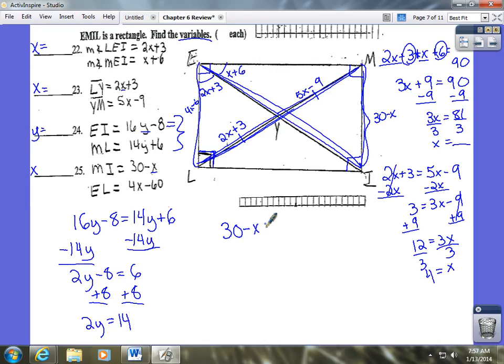I'm going to go ahead and move this x over. So I have 30 equals 5x minus 60. Then I'm going to move the 60 over by adding it. So I have 90 equals 5x. And I would divide by 5.